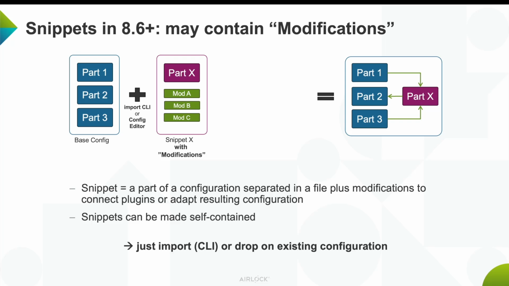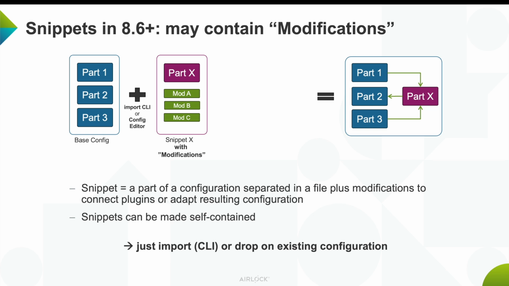The list of modifications can be understood as a recipe describing how the snippet should be applied. The modifications are applied automatically when the snippet is imported into the base configuration. This can be done using the import snippet CLI command or by loading the snippet into the config editor.